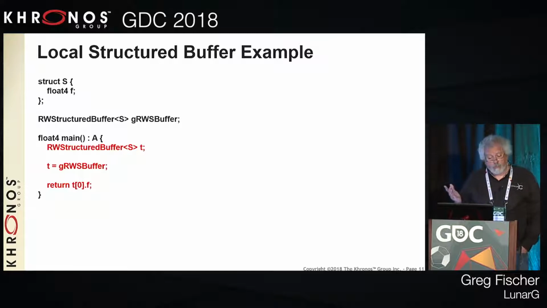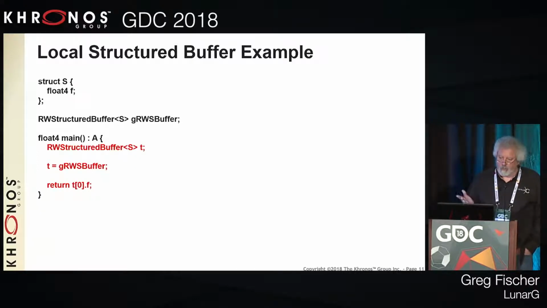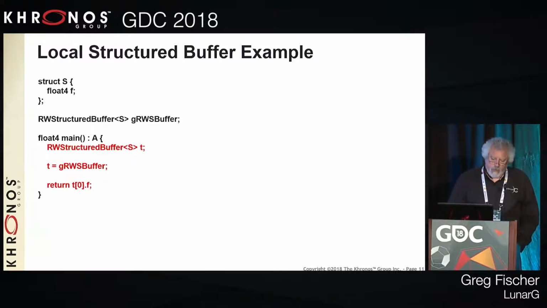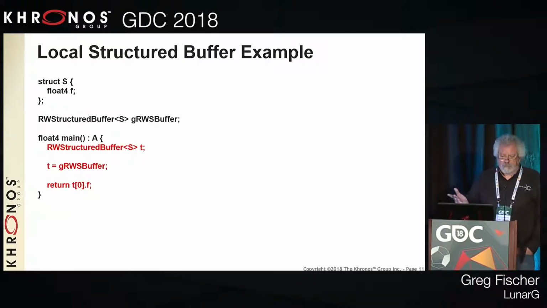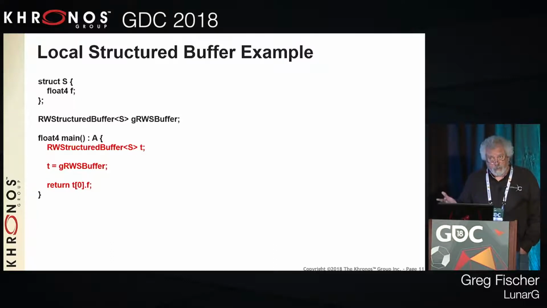Here's a simplistic example, but the pattern holds out in a number of shaders out in the wild, where you have a global structured buffer declared, but then inside of a function or inside of main, you've got a local structured buffer that's declared and then assigned the value of the global buffer, and then the local object is referenced.